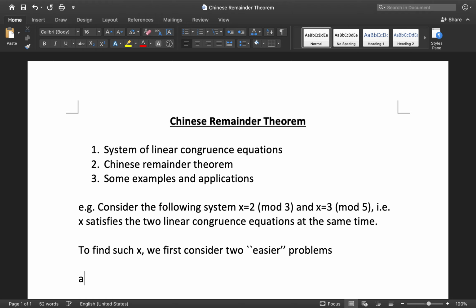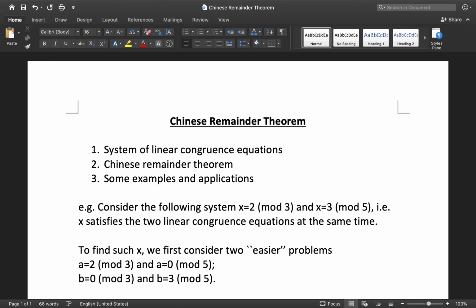A is congruent to 2 modulo 3 and A is congruent to 0 modulo 5. I'm using a small letter. And then B is another variable. This time B has to be congruent to 0 modulo 3 and B congruent to 3 modulo 5.